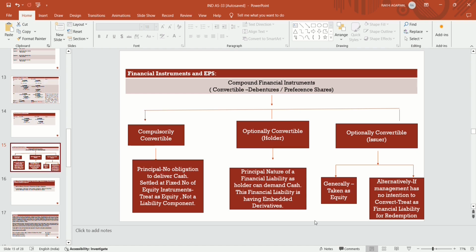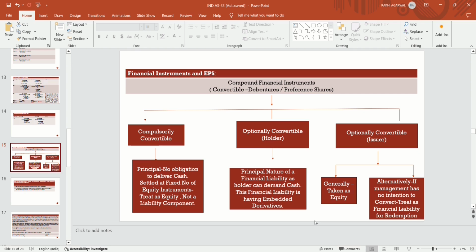Optionally convertible means the holders have an option that they will either ask the issuer for cash or for equity. The holder has an option to convert their instruments into equity or to settle their liability in cash. So they have the nature of a financial liability, because they are at the option of the holders' demand. Generally it will be treated as a financial liability because holders can demand cash also.